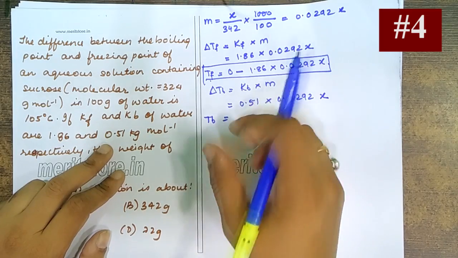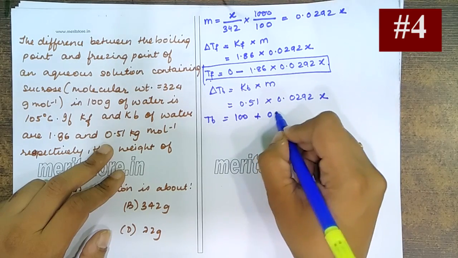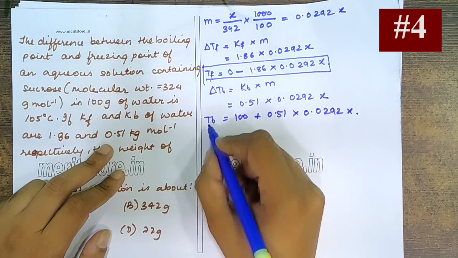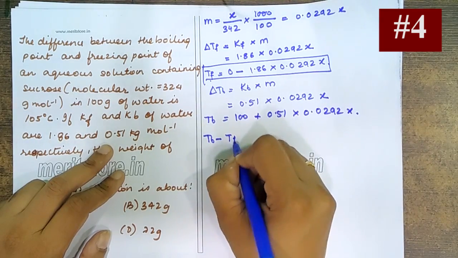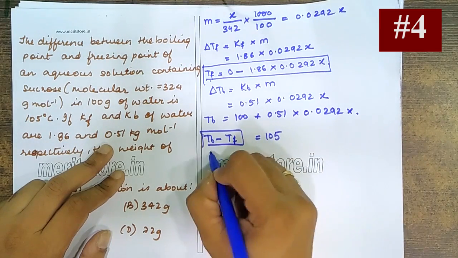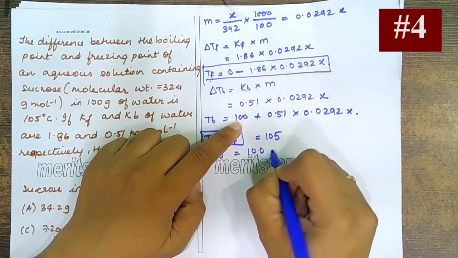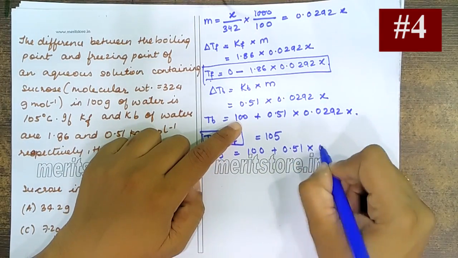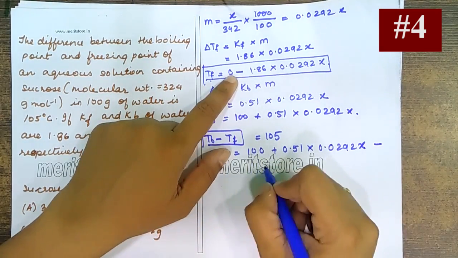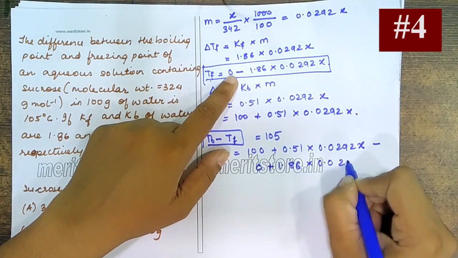The boiling point of a solution is always higher, so it is 100 plus 0.51 into 0.0292x. But we have the data that Tb minus Tf is given to us, which is 105. So 105 is equal to, now we have Tb that is 100 plus 0.51 into 0.0292x, minus Tf, which is 0 minus 1.86 into 0.0292x.